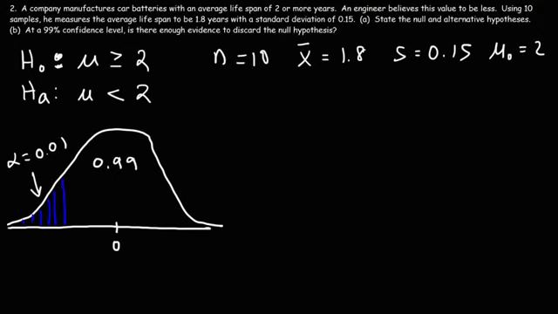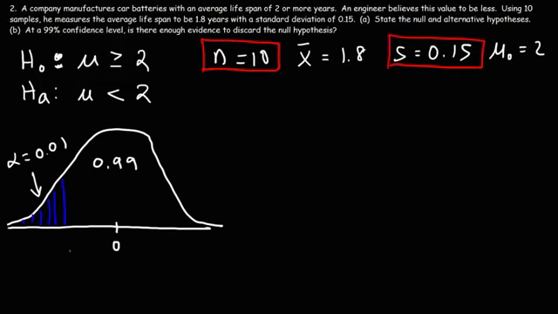Now, notice that the sample size is less than 30. So that tells us that we should use the t-distribution, plus we don't know the population standard deviation. We know the sample standard deviation. So when these two conditions are met, that's a good indication that you should use the t-test as opposed to the z-test.